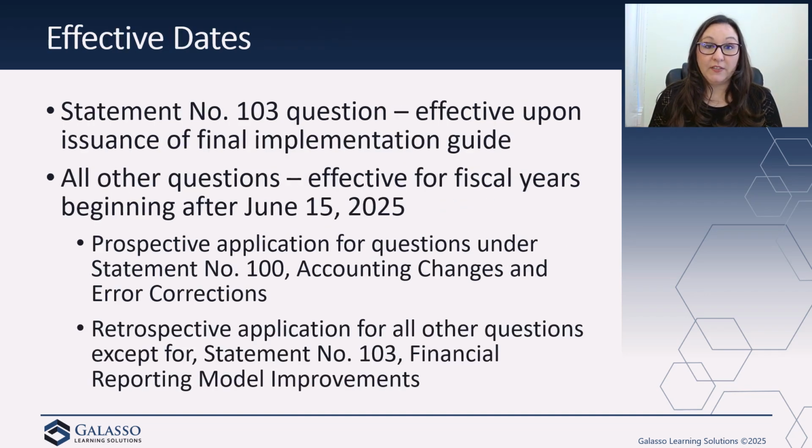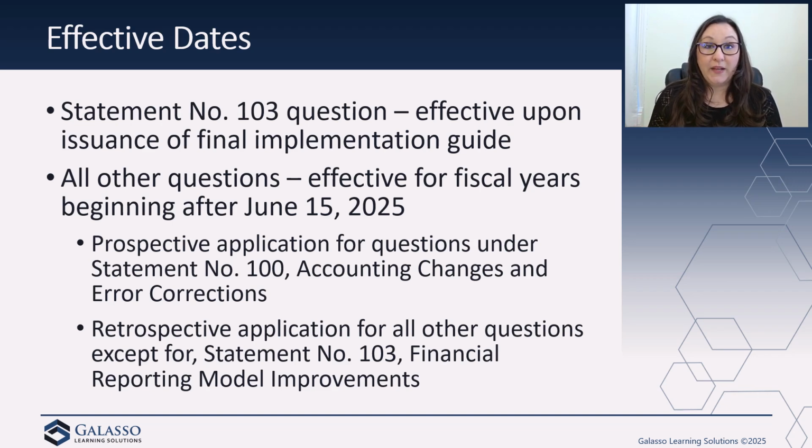So we have a couple of different effective dates. For the Statement No. 103 question, it would be effective upon issuance of the final implementation guide. And then all other questions would be effective for fiscal years beginning after June 15, 2025. We also have some differences on the application, whether it be prospective or retroactive.